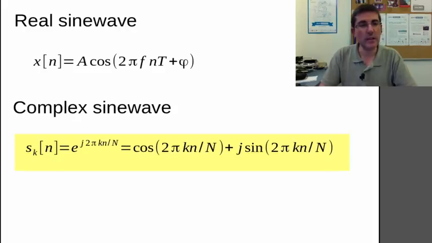So these complex sine waves are always periodic for a given capital N. So we define a capital N, which is going to be the size of the DFT, and then these complex sines always have a fixed number of periods within that N, and this depends on k. So in fact, k is also the number of periods within that capital N.